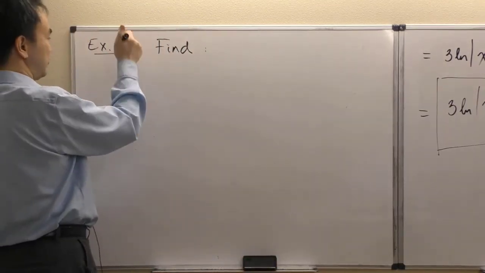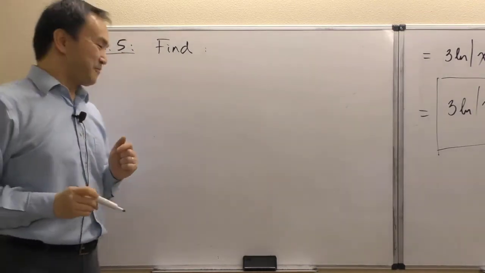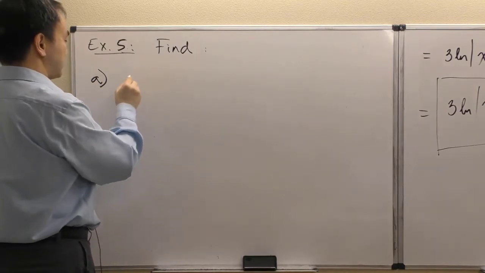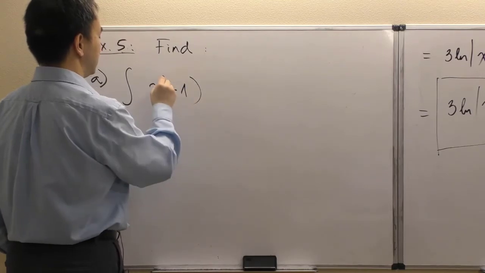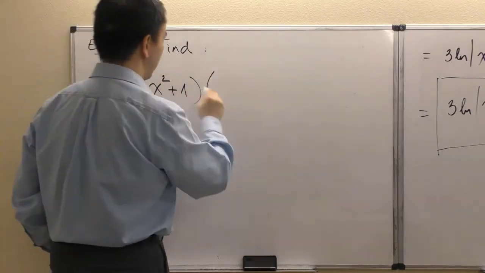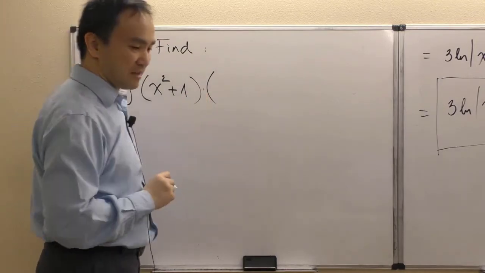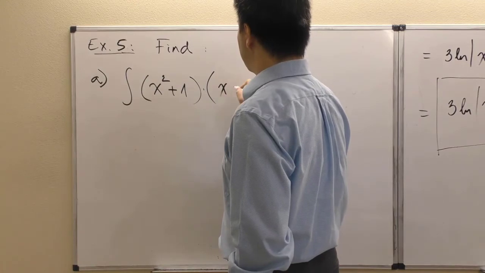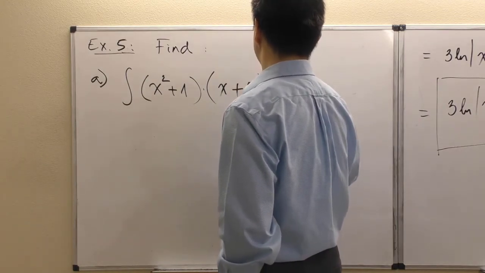So let's call it example 5, even though we're all about finding antiderivatives here. Okay, so how about part A of our example? The function that we're trying to find the antiderivative of appears to be a product. Okay, so a product, x squared plus 1 times x plus 5, for example.